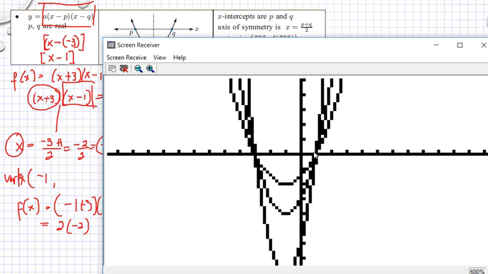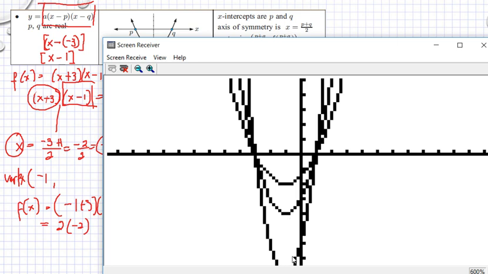My axis of symmetry is the same. It doesn't matter, and also my zeros are the same. The only things that change are my y-intercept and my minimum point, my vertex.